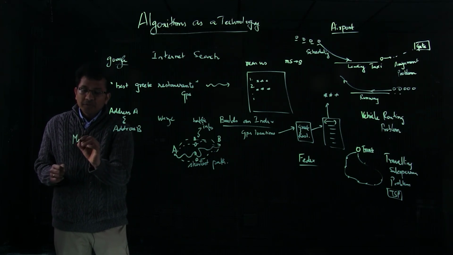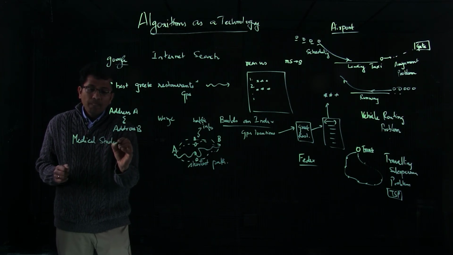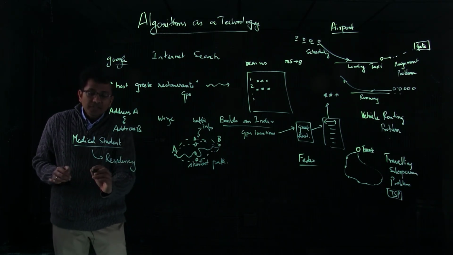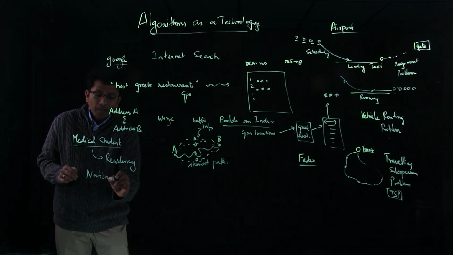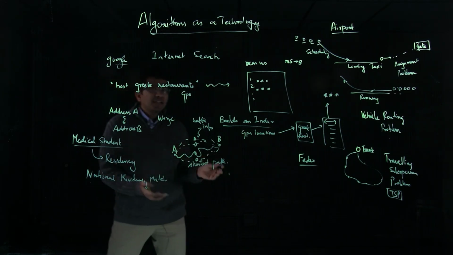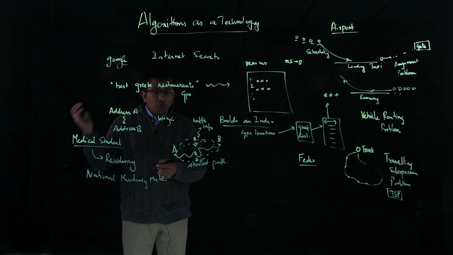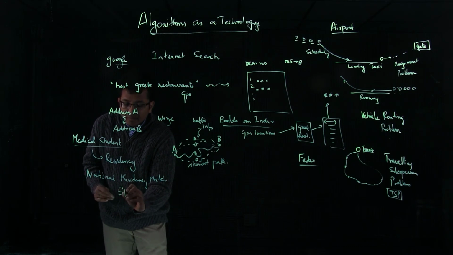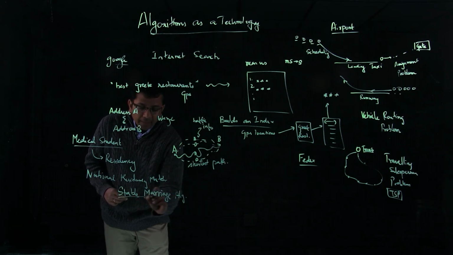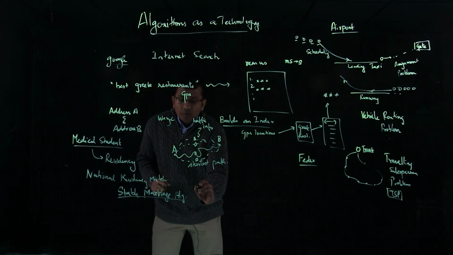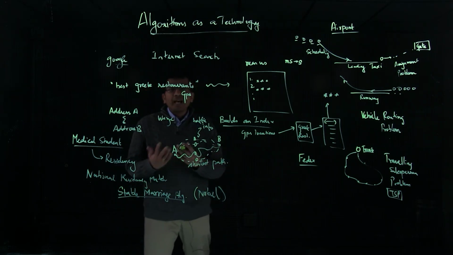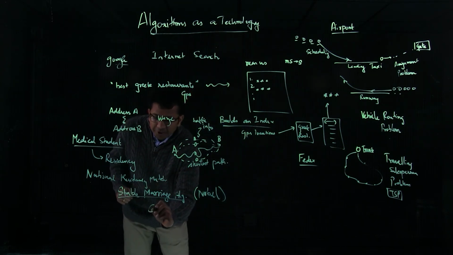For example, if you are a medical student and you are looking for a residency, there is something called the National Residency Match Program, which assigns medical students to the residencies that they would like to go to, and this is based on an algorithm called the stable marriage algorithm, and the people who invented this algorithm won the Nobel Prize. They were from economics.